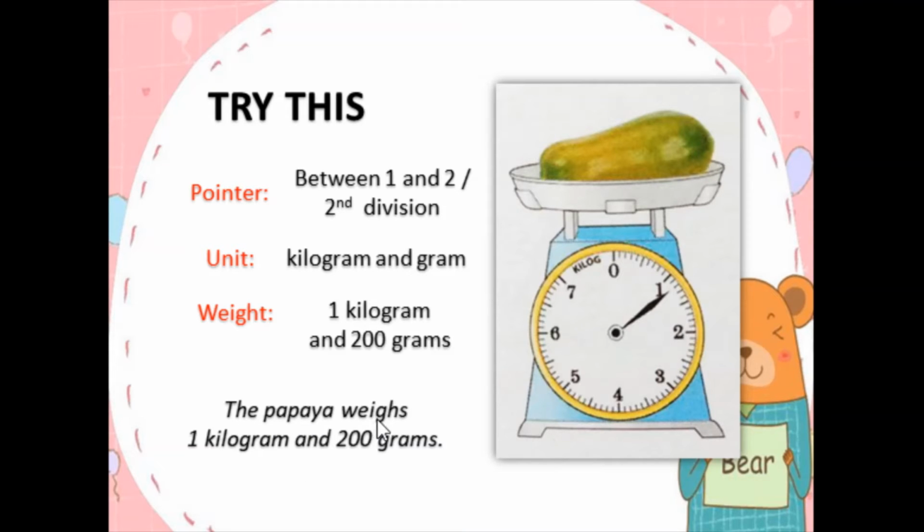Papaya weighs 1 kilogram and 200 grams. Those are the steps on how you're going to read and measure objects, fruits, using a spring scale. It's not quite hard now. You just have to be observant enough to where the pointer is pointing to.